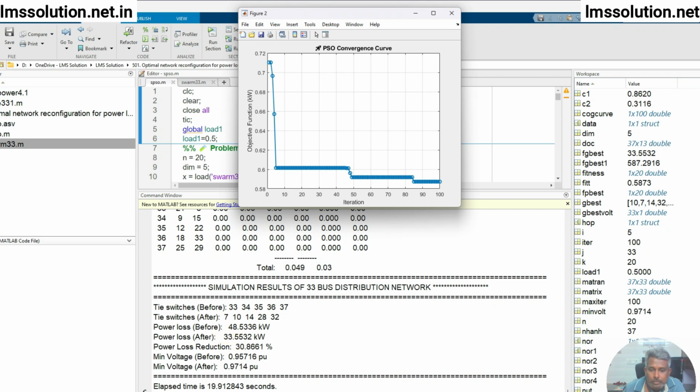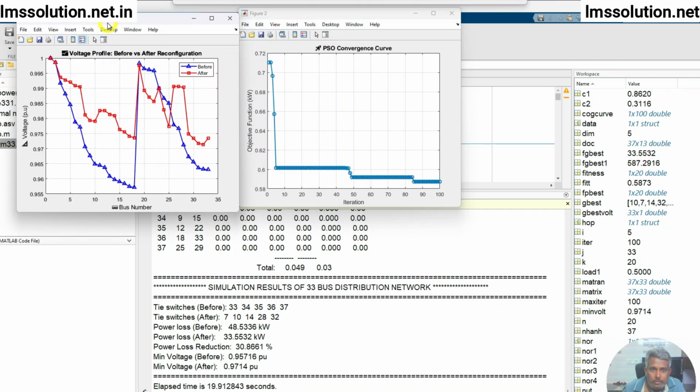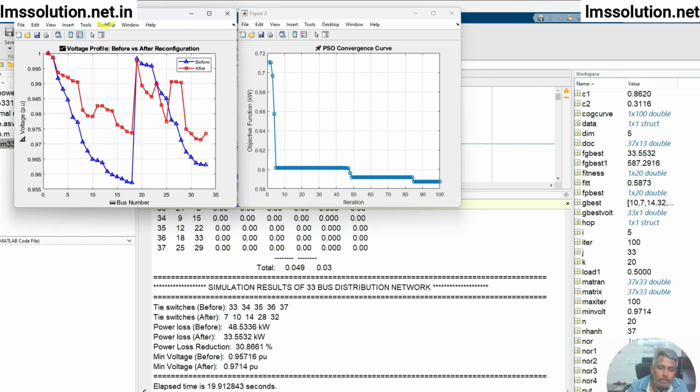Okay, so that means around 1 kilowatt loss variation we are getting now. Okay, but we are getting almost nearer to the result of the paper. Okay, so this is the result of optimal reconfiguration of the power system for power loss reduction as well as enhancing the voltage profile in the IEEE bus by using selective particle swarm optimization.